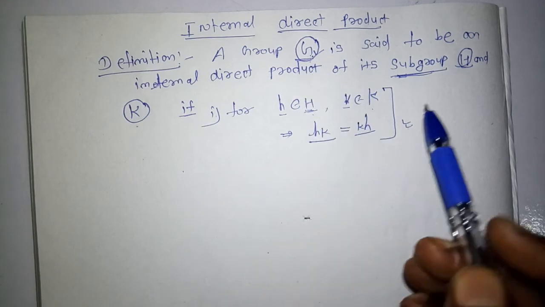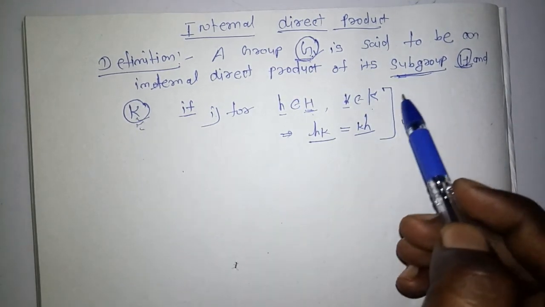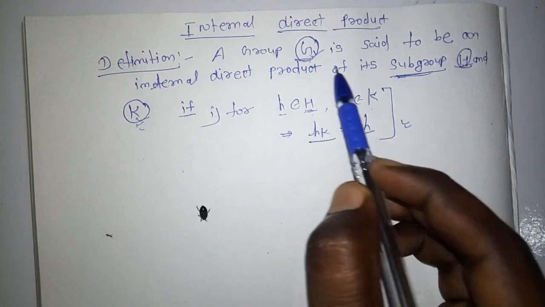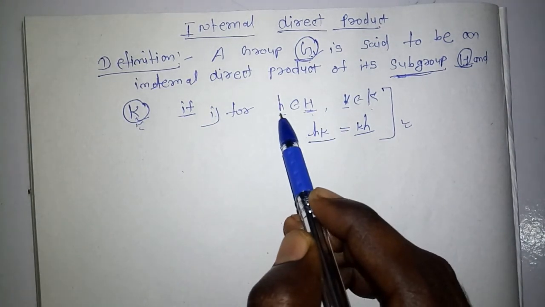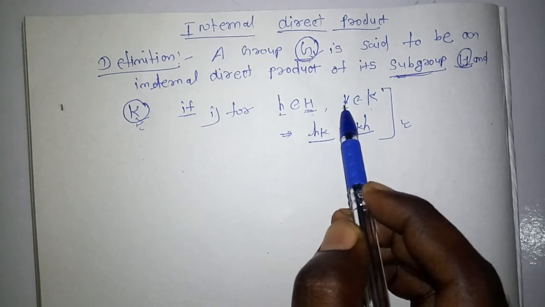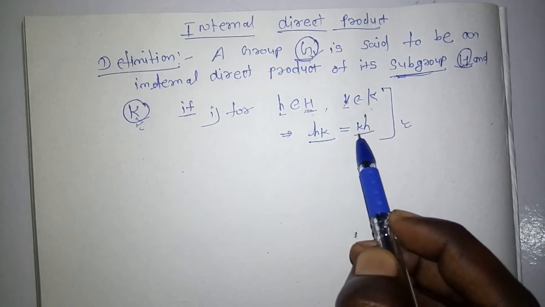Okay students, here are H and K. H and K are subgroups of G. Any two subgroups of G, and small h is an element of subgroup H, and small k is an element of subgroup K. And now here hk is equal to kh.